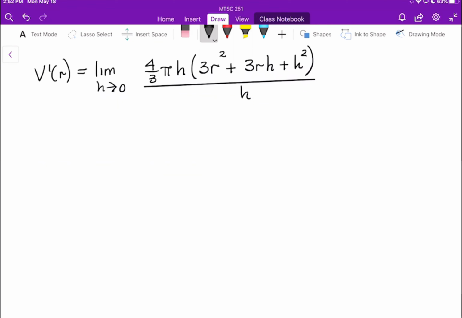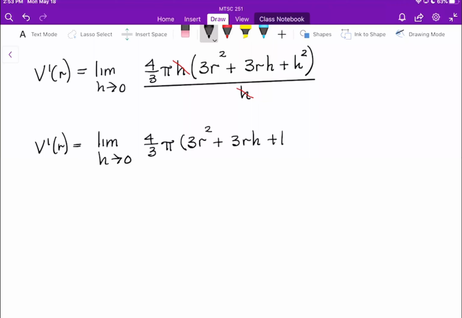So we get v prime of r is the limit as h approaches 0. So now this h and this h divide out. So we just get 4/3 pi times 3r squared plus 3r h plus h squared.